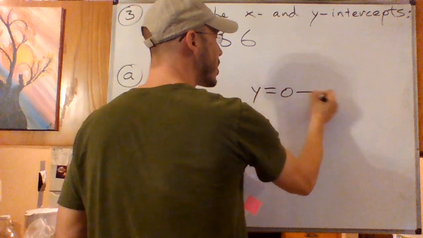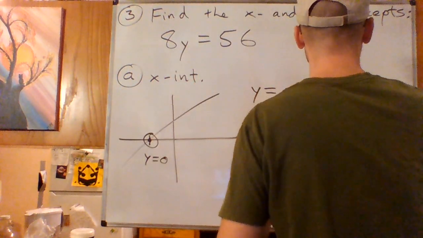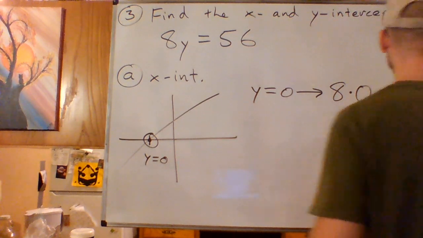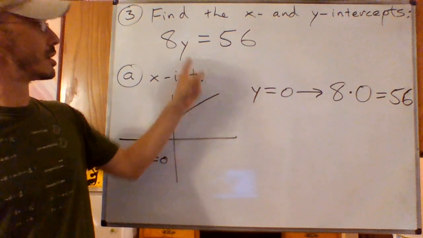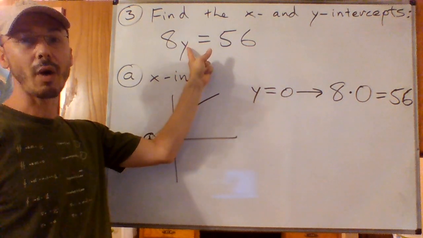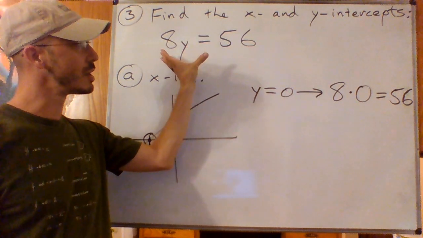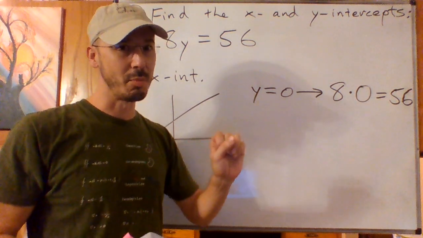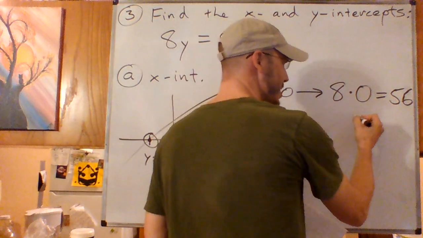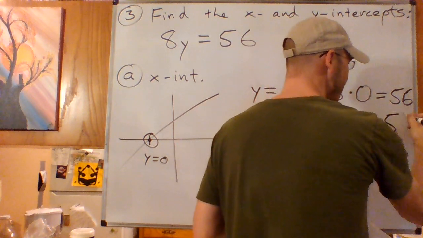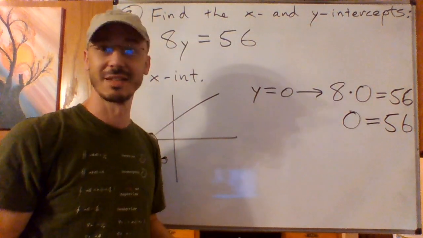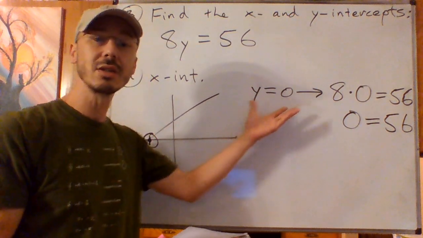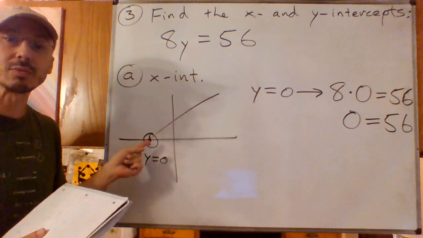Y equals 0 means that 8 times 0 equals 56. I just substituted the number 0 in place of y in the equation, and I'm going to try and solve this. But this side simplifies to 0, and this side is equal to 56. That's not true. What that means is that there is no place on this line where y is equal to 0.